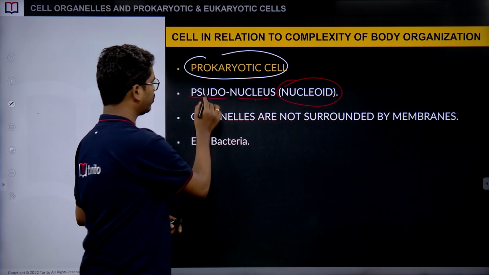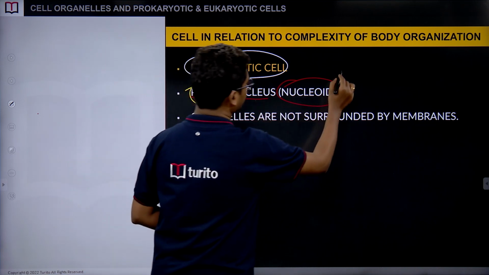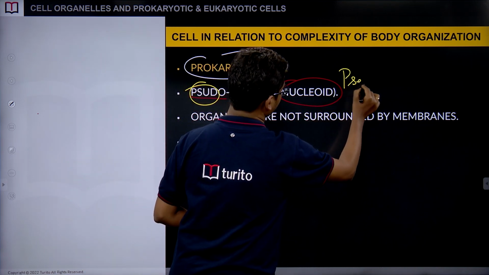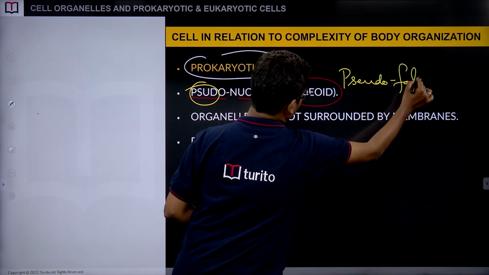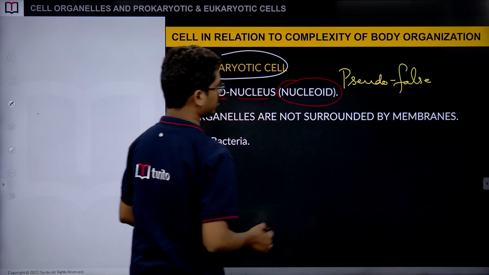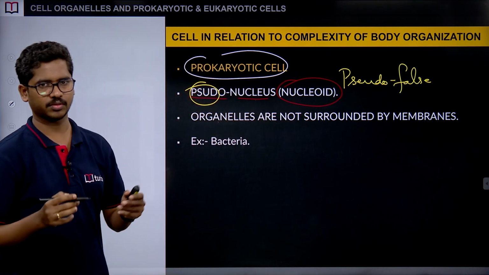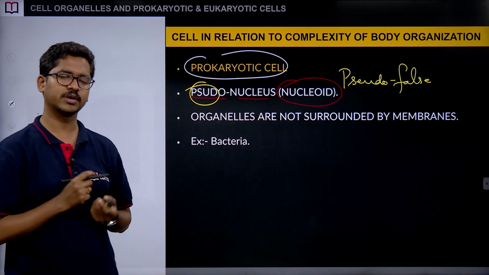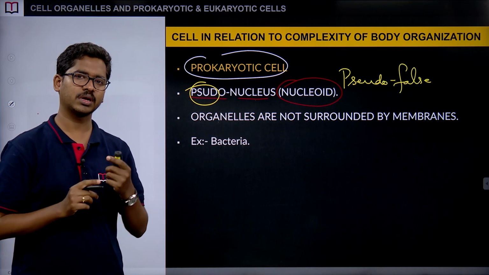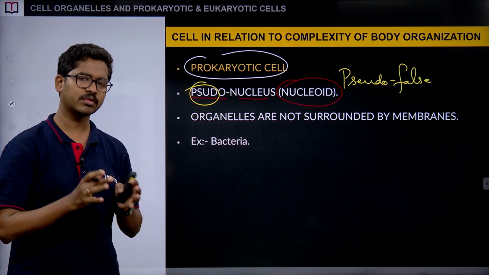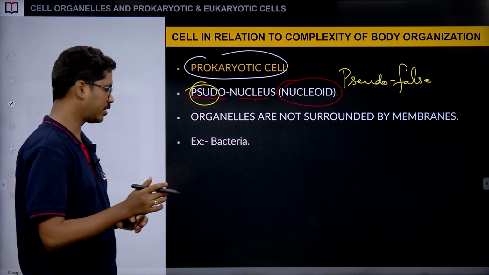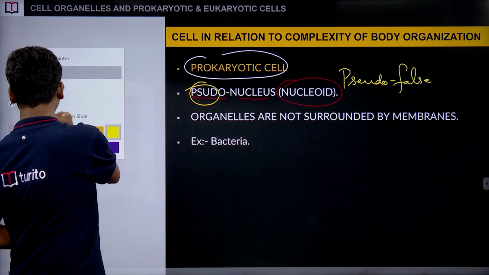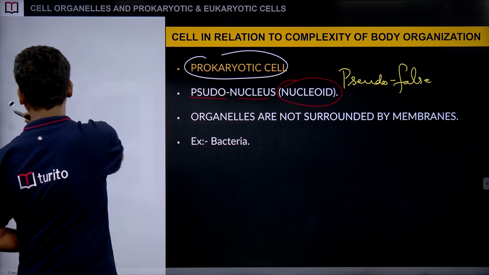Pseudo means false nucleus. It performs the function of a nucleus, but it is not actually a nucleus. This is the kind of thing we find in the prokaryotic cell. Hope you got it.